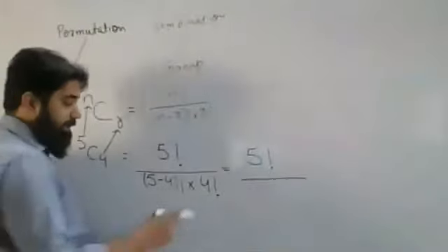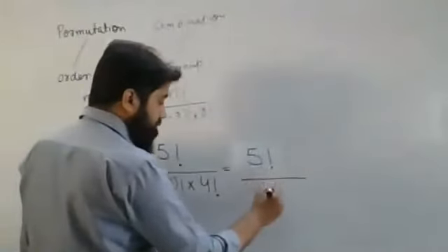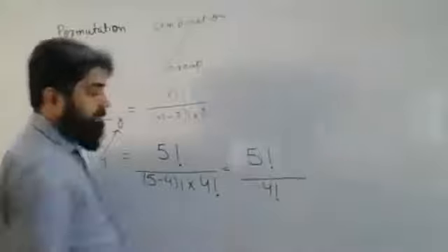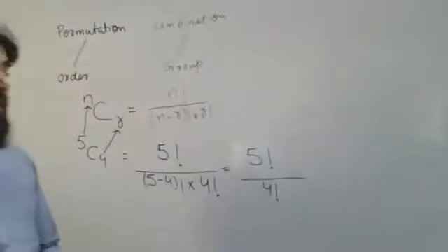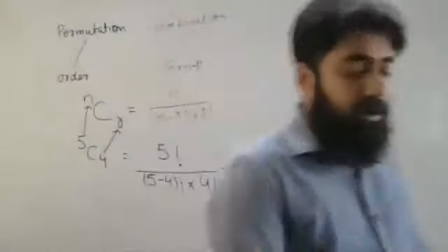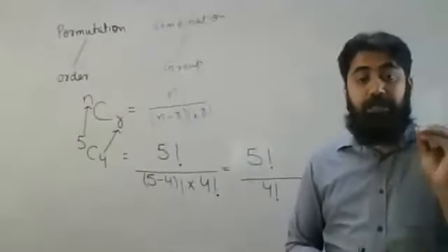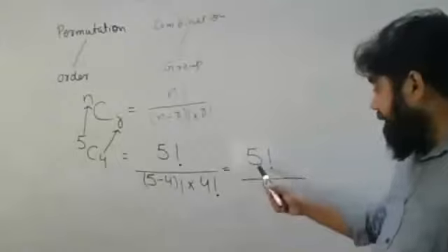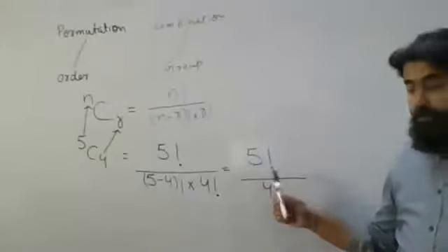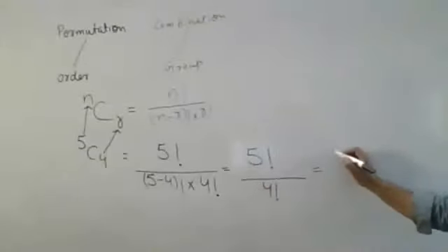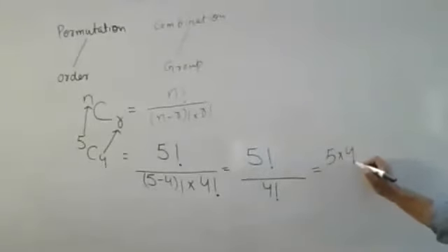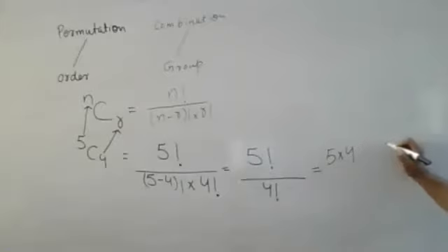So we are not going to write that one upon 4 factorial. After that, I have told you that we are always going to expand the factorial with the larger number. Which number is the larger one? 5. So we will expand that: 5 into 4, then 3, then 2, then 1.